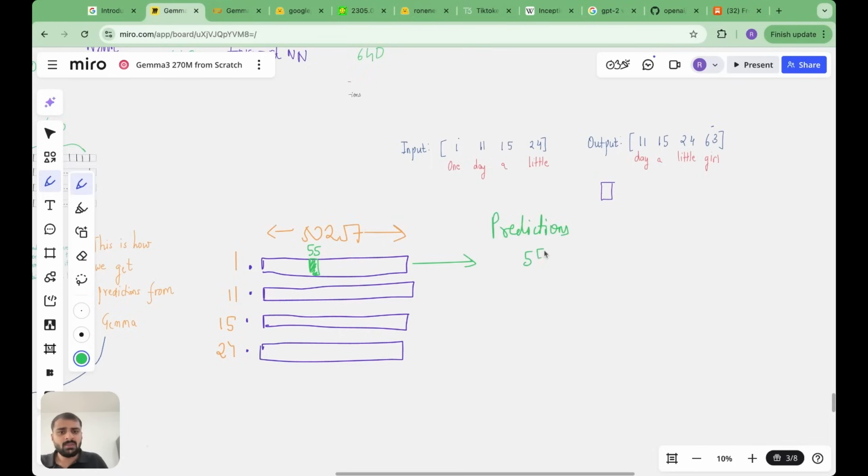Then I look at the 11 row, and here the maximum value is given for index number 6771. Then I look at 15 and I get that the maximum value is at token ID number 8. Then I look at 24 and the place where the maximum number is given, maybe that is 40,000.